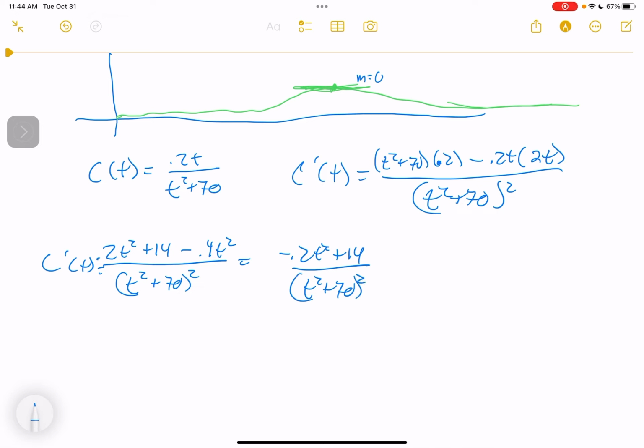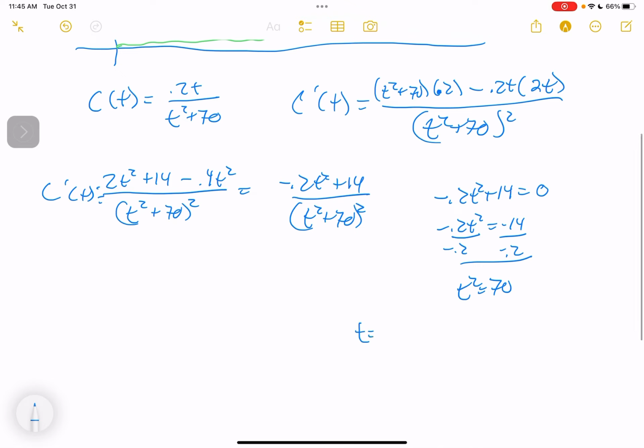And now if we just look at that numerator, negative 0.2 t squared plus 14, and set it equal to the slope we're after, and the desired slope is 0, then we'd have negative 0.2 t squared equals negative 14 if I subtract 14 from both sides. Then we divide by negative 0.2, and we're at t squared equals 70.